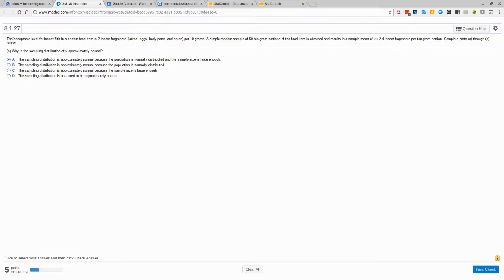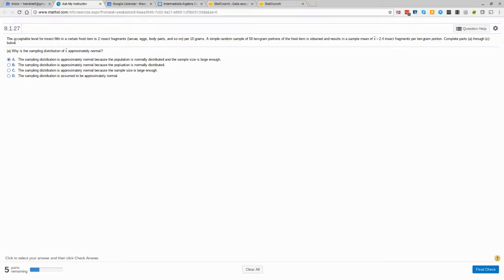Okay, so part A is why is the sampling distribution of the sample mean approximately normal? And that's kind of a weird thing. We're not told that the population is distributed normally, but we know that the sample mean will end up being distributed approximately normal as long as the sample size is large enough.